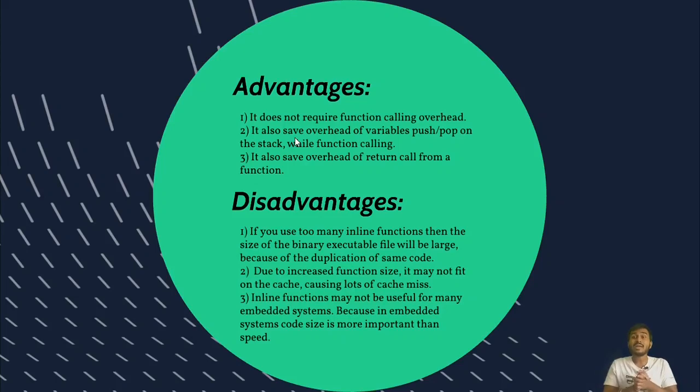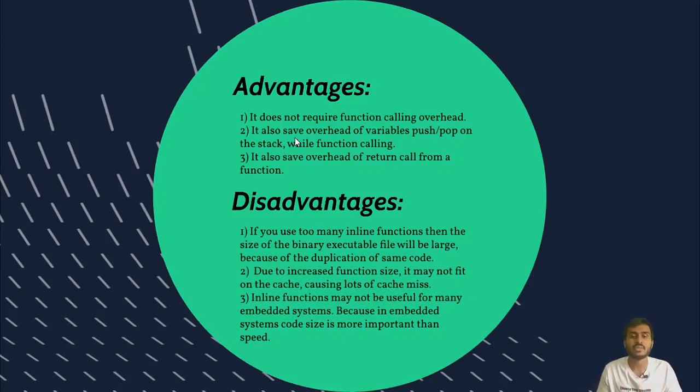But in the case of an inline function, what is happening? We are copy-pasting the same code chunk wherever we are calling that function. At whatever places you call that function, you replace the function call with the body of that function, and that's the reason that if you have so many inline functions in your code, there is a chance that your code size will increase.